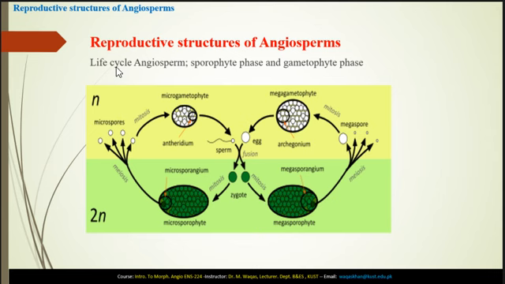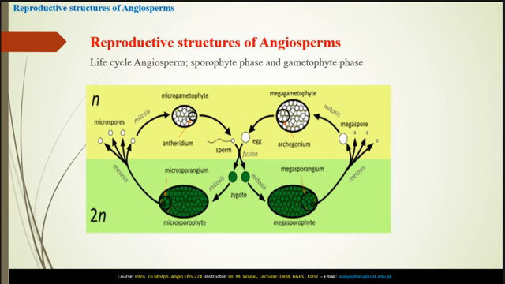As I told you, the life cycle of angiosperm is comprised of the sporophytic phase and the gametophyte phase. I think we had completely discussed the processes and mechanisms of the sporophytic and gametophytic phases, but we will just go through them again in this lecture.